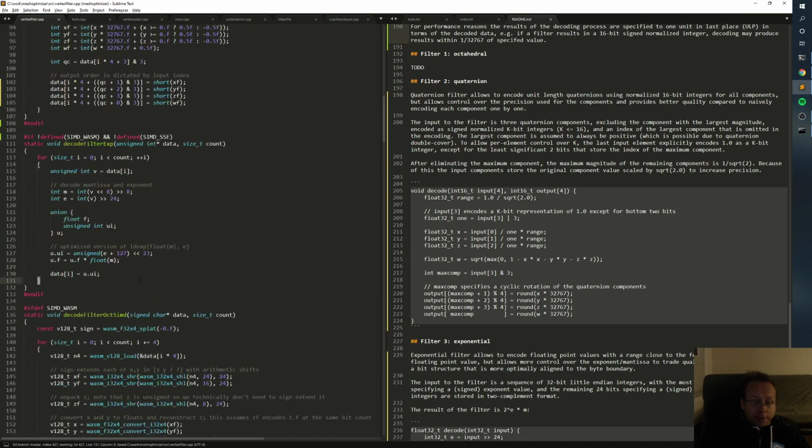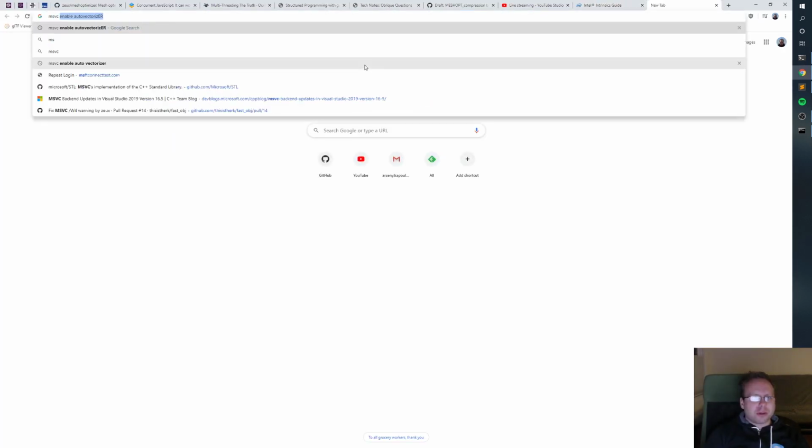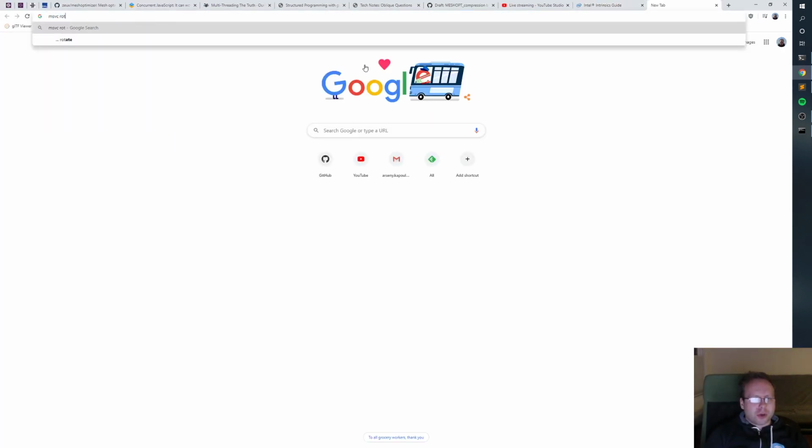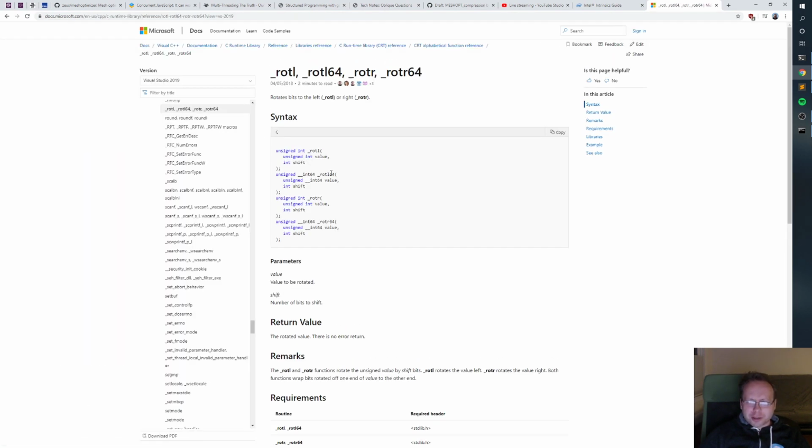And I think the reason is rotates. So Microsoft has an intrinsic called ROTL or something like this. Yeah, ROTL64.